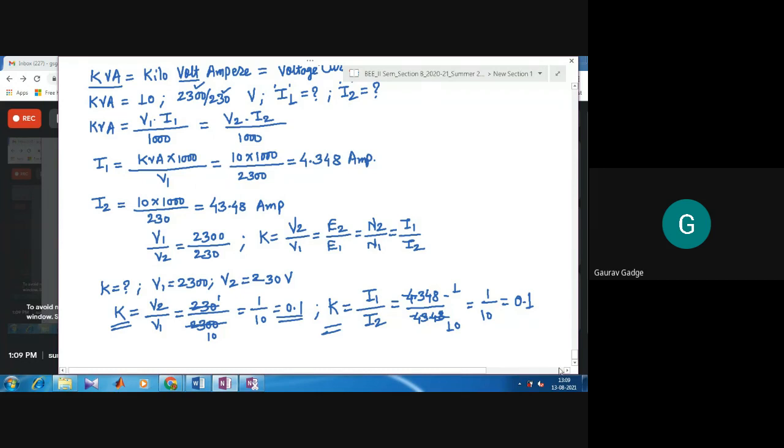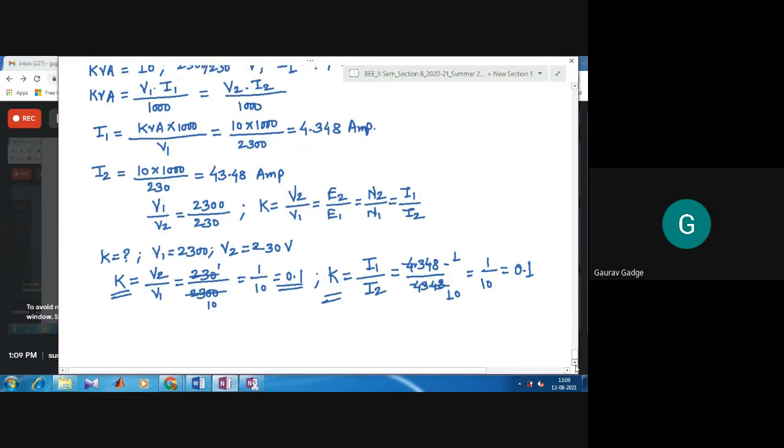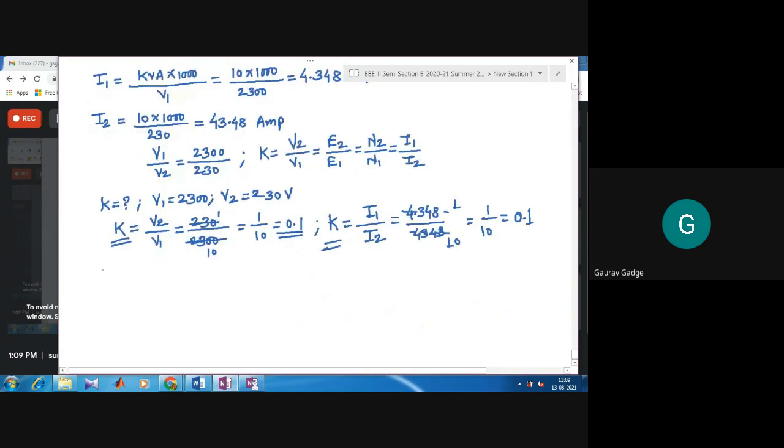Okay. If I say in a particular numerical, the number of turns of primary is equal to, say, 200, and the number of turns of secondary is equal to, say, 400.